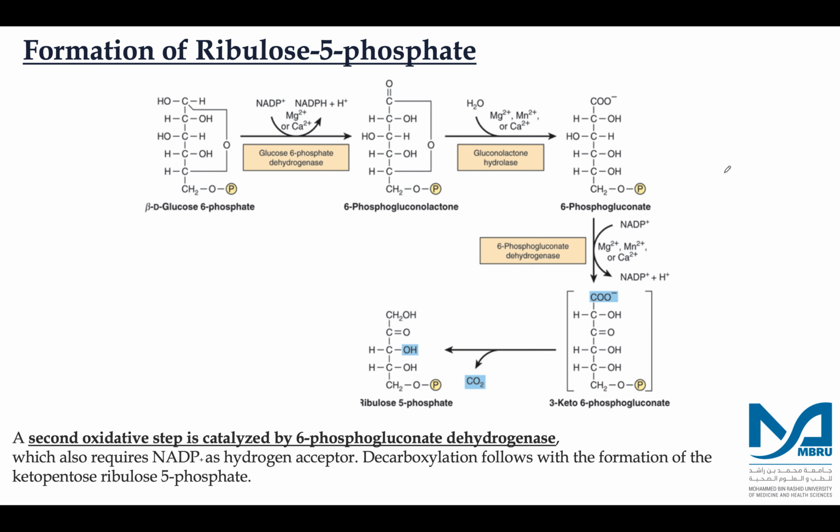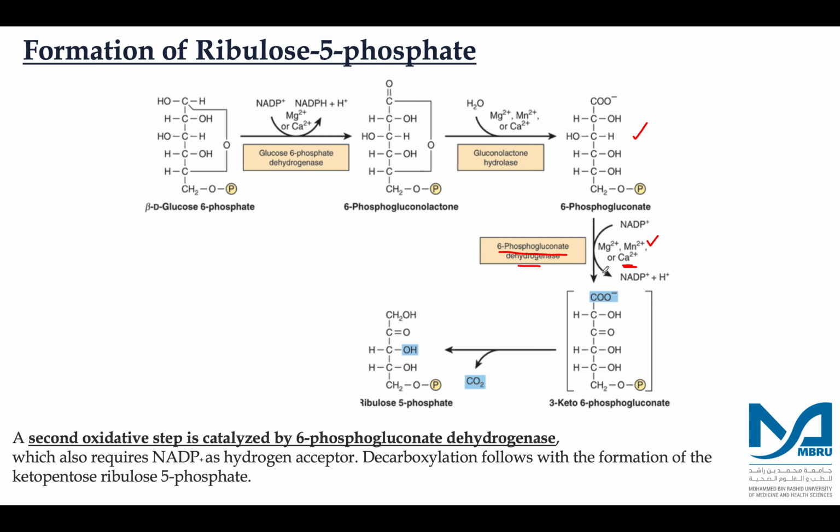As I told you, we will have to look at the other step where NADP is protonated. So once we have 6-phosphogluconate, we have a second oxidation reaction that takes place, which is catalyzed by 6-phosphogluconate dehydrogenase, and this particular reaction also requires magnesium and manganese as the cofactor, and the enzyme can also function in the presence of calcium.